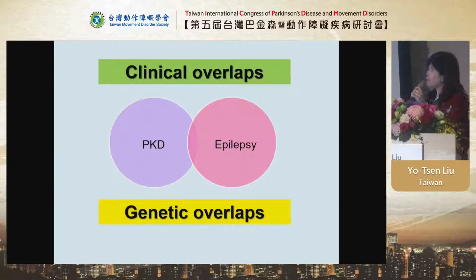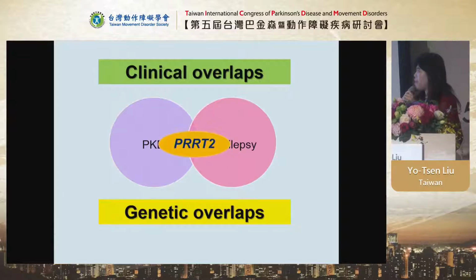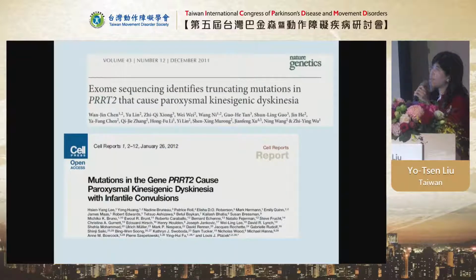The hypothesis that the clinical overlap came from genetic overlap hadn't been documented until the gene PRRT2 was identified. Two papers came out very closely, in 2011 and 2012, to prove that PRRT2 is the causative gene for PKD with or without infantile convulsion.